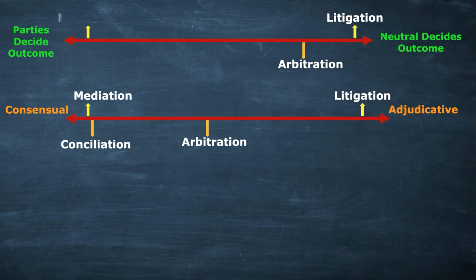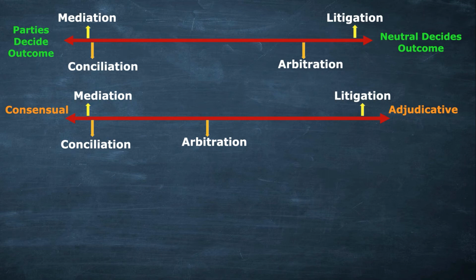The next one is mediation. See how close it is towards the parties deciding the outcome and how far it is from the neutral deciding the outcome, because here the parties themselves decide the outcome completely. And the next one is conciliation.